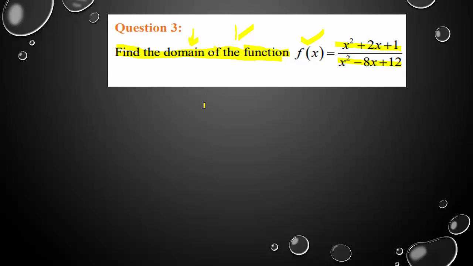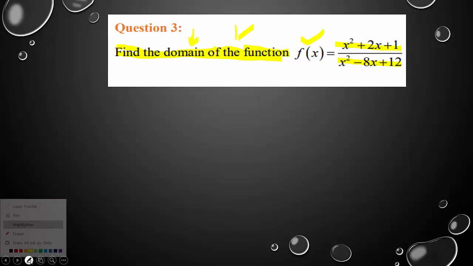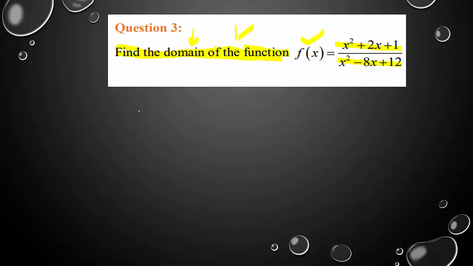My dear students, whenever you are finding the domain, you have to understand one point: the domain is always defined by the denominator. That means if this function has to be defined, the denominator must be not equal to 0.